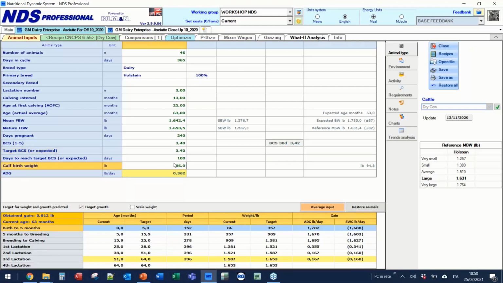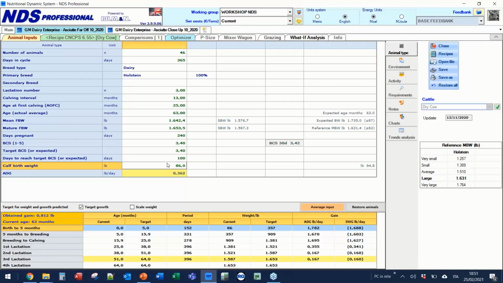Calf birth weight: if we do a good job with calves, and if we weigh the calf at birth, that would be great. And in this case, we should input the real weight we observe.